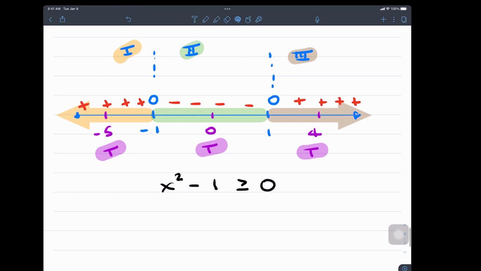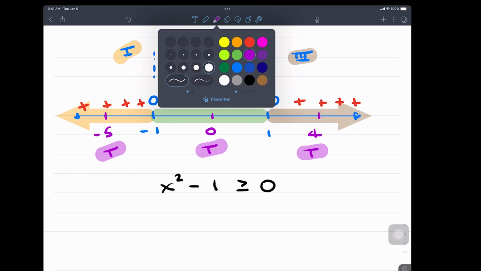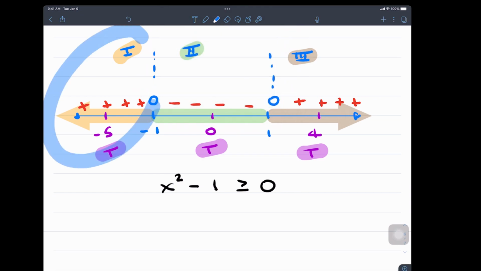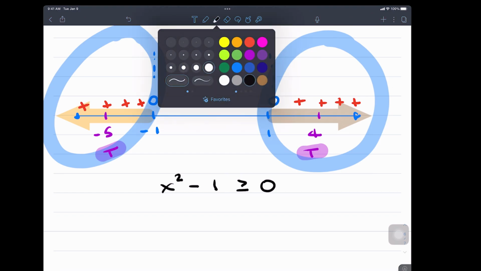Is that right? Greater than 0. Which regions are positive? Region 1. What else? Region 3. Is that right? Okay. So what do you think that means? They want us to graph the solution, so we're going to have to shade region 1 and region 3. Is that right?